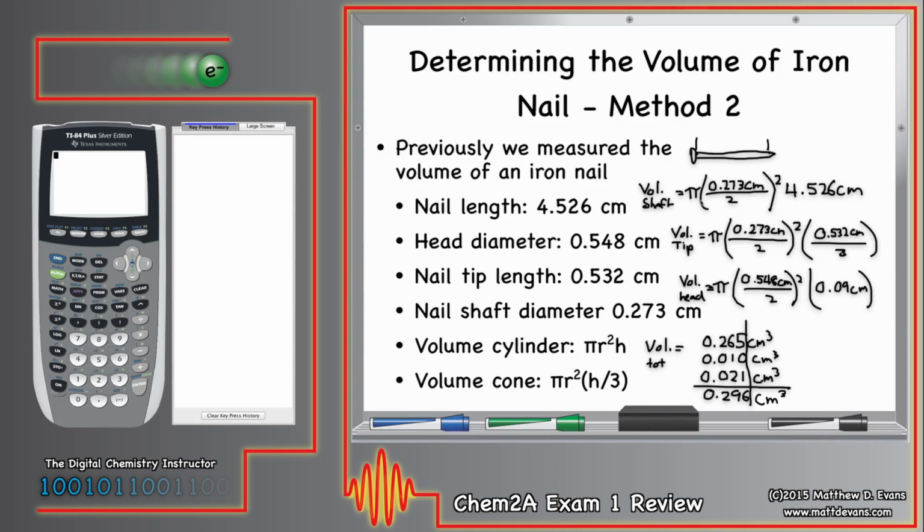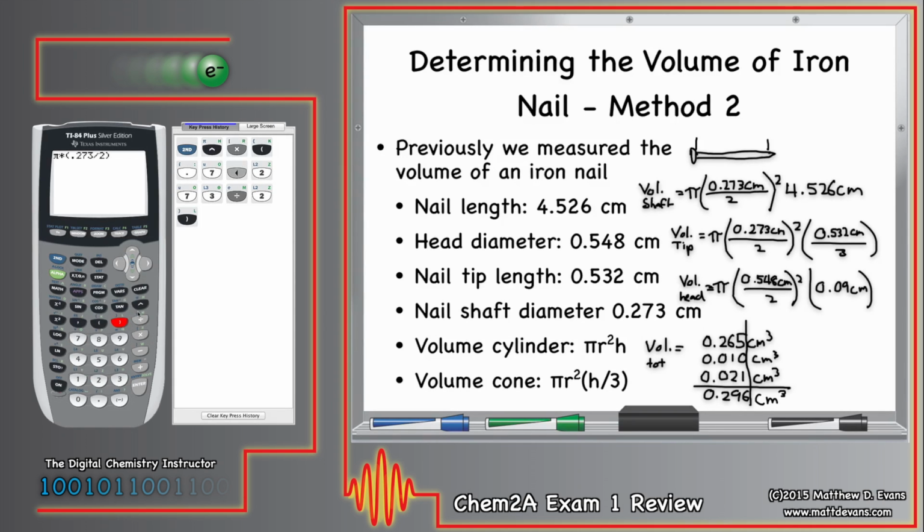Let's do this top one, which is pi, and then the diameter divided by 2 squared times this. On the calculator, you can access pi by saying second pi, so that's really convenient. Then times. Don't be afraid to use parentheses. You can never have enough parentheses, so 273 divided by 2.